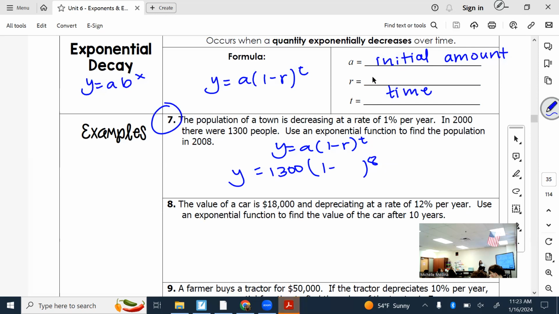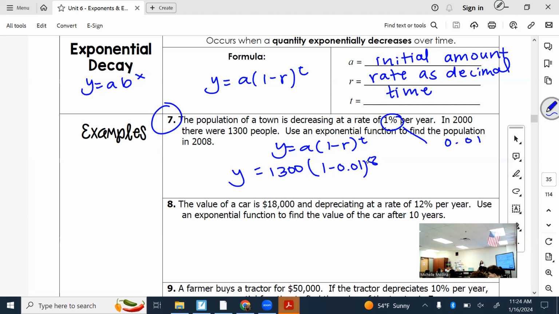Sorry, I took that answer away from you. What is it decreasing by, table 2? 1%, and what's 1% as a decimal, class? 0.01, and if you don't know that conversion, divide by 100%, now you have the decimal.